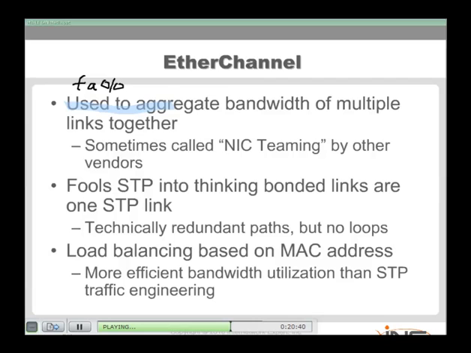Well, for this in the operating system, we have PO, like port channel 2. So PO is the abbreviation for our port channels, and this is the logical link. And this is how spanning tree protocol is tricked.